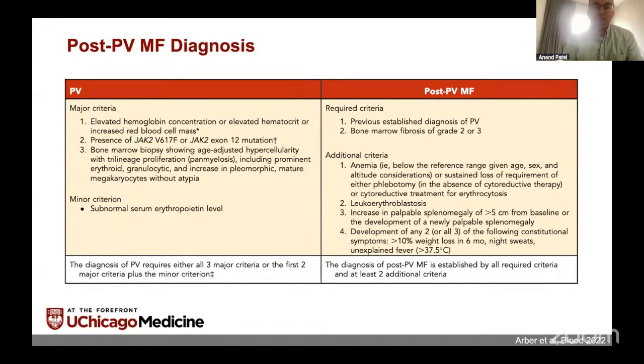That way, if and when a bone marrow biopsy is needed down the road, we have a very clear comparison point. The other reason that matters is, as I mentioned earlier, primary myelofibrosis in the early stages can mimic PV or ET. So without a bone marrow biopsy, it's really impossible to differentiate.